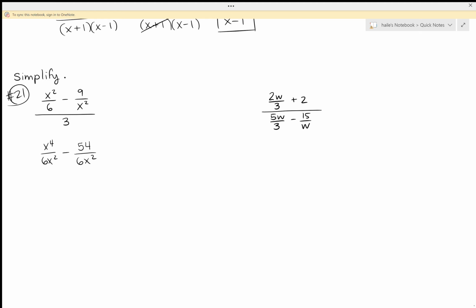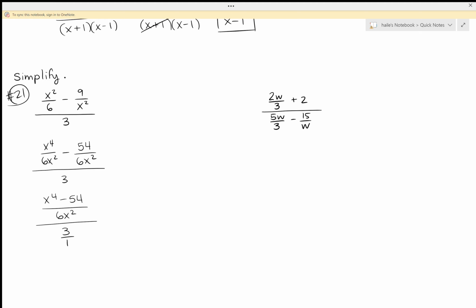And now all of that is divided by 3. Now that my fractions have common denominators, I can go ahead and subtract them. So I'll get (x to the 4th minus 54) over 6x squared, divided by 3. You can always think of a whole number like 3 as having an understood denominator of 1.